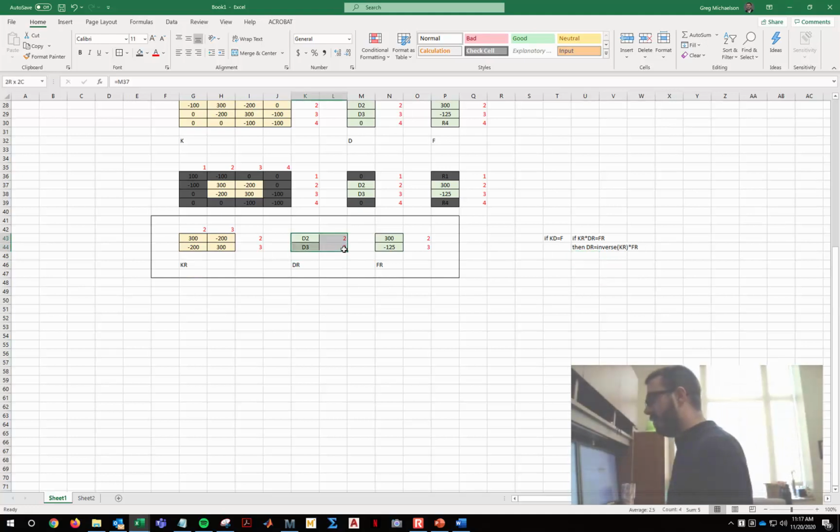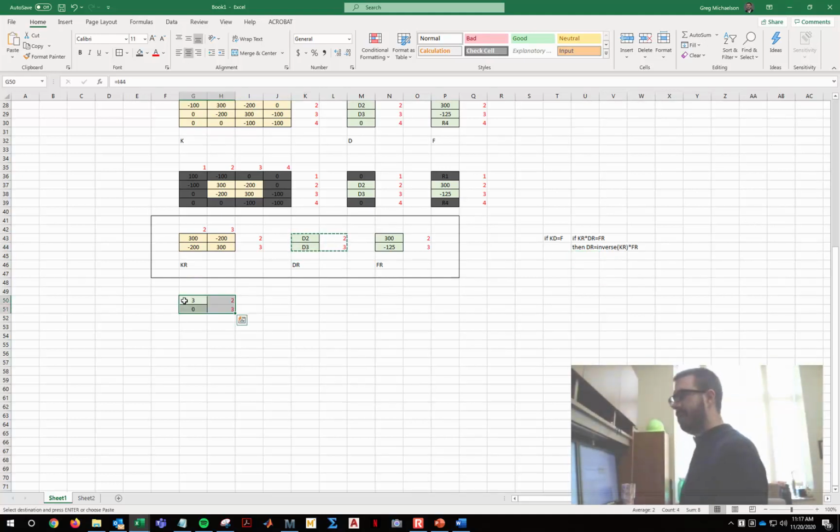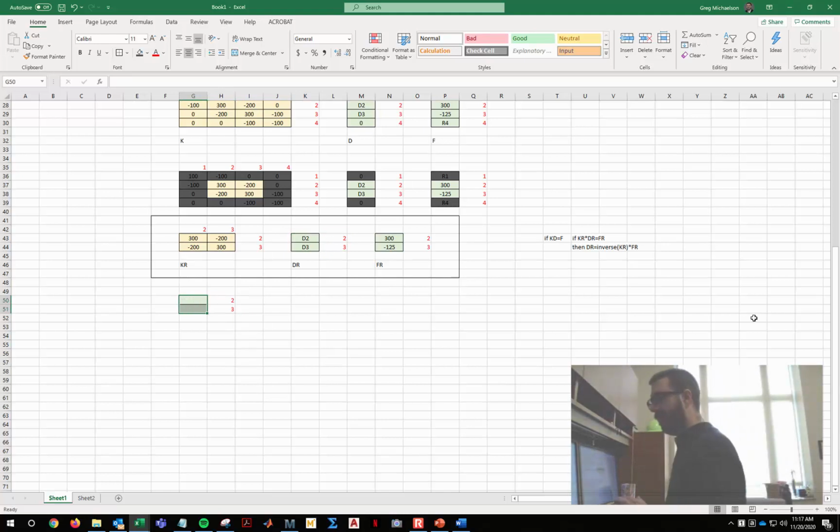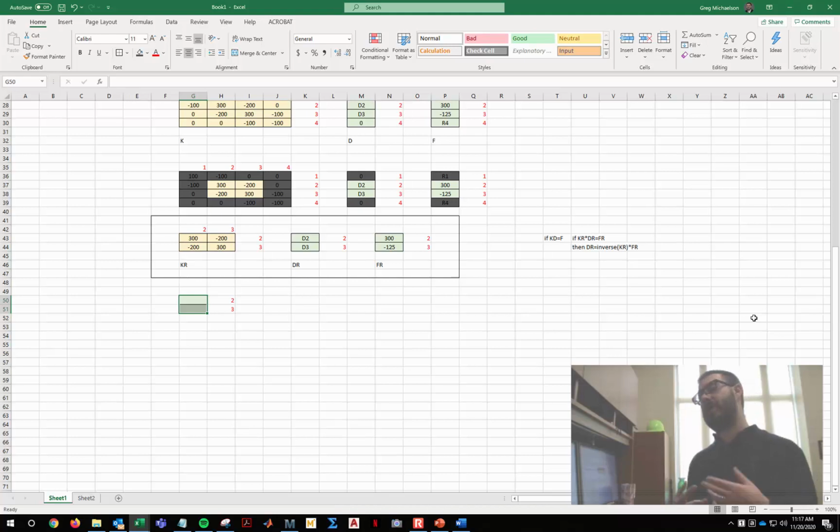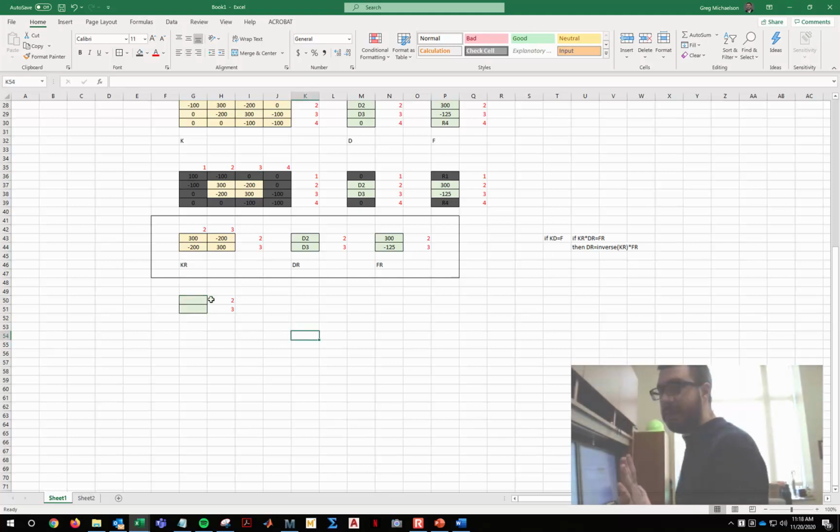So in order to determine this displacement vector, what I'm going to do is this. And I'm going to do this the old way, because I know there was some confusion on this. If you're using an older version of Excel, this method will work on both the older and the newer versions. I'll show everybody the matrix calcs here. I'm going to highlight the entire region.